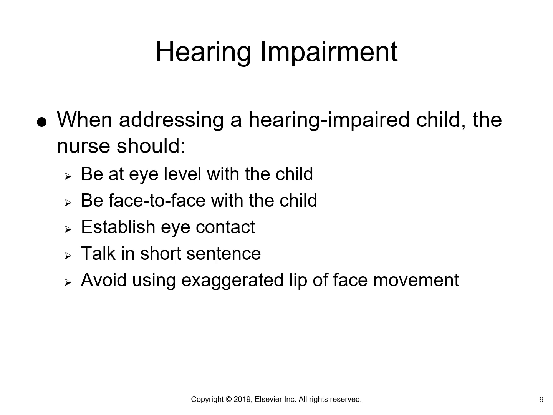Okay, when addressing a child with hearing impairment, the nurse should remember these things. Be at eye level with the child. The child needs to see your face, to see your mouth or your lips, sorry, so that they can understand what you're trying to tell them. Be face to face with the child. Establish eye contact. And when you talk to them, you talk in short sentences. Do not just blab out words while you're talking to a child with a hearing impairment.